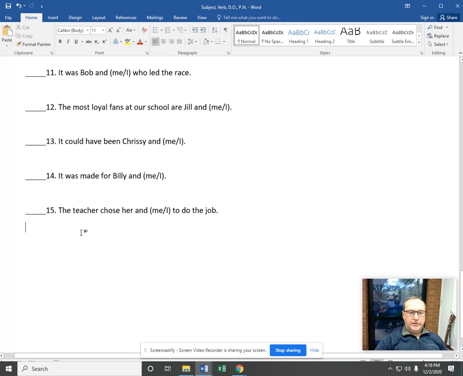All right, the teacher chose her and I. I hear people sometimes saying her and I, which can't be correct because her is in the objective case. It works with direct objects. And I is the subjective case.